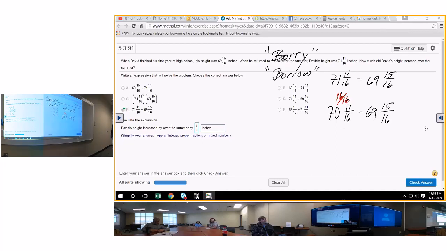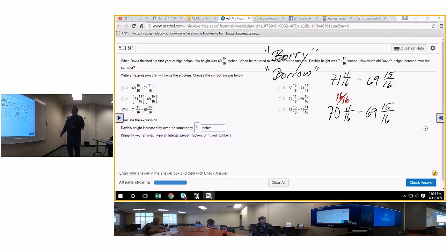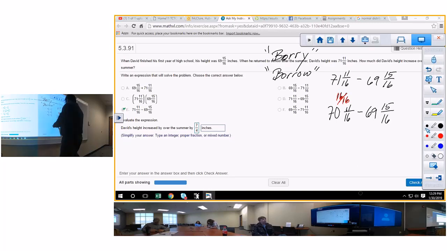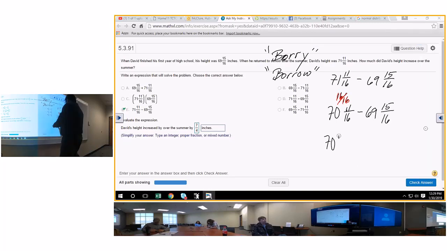So it's floating around up in the air, and I'm going to bring it down and add it to this 11/16. 70 and 11/16 plus 16/16 minus 69 and 15/16.